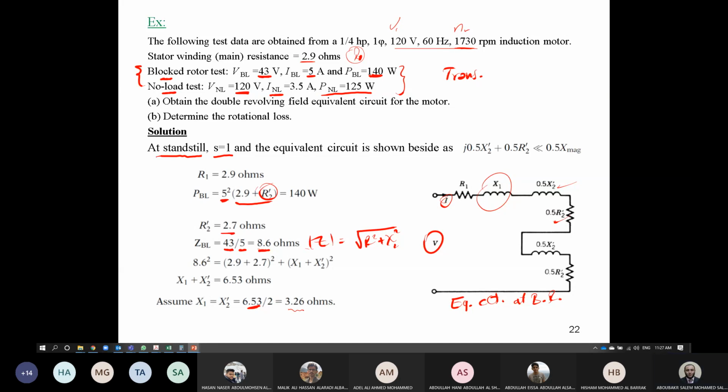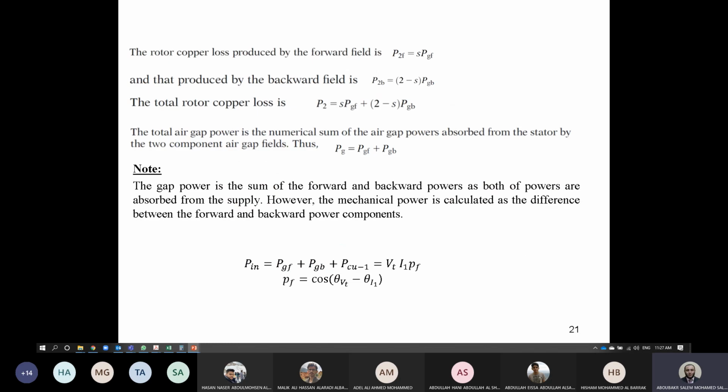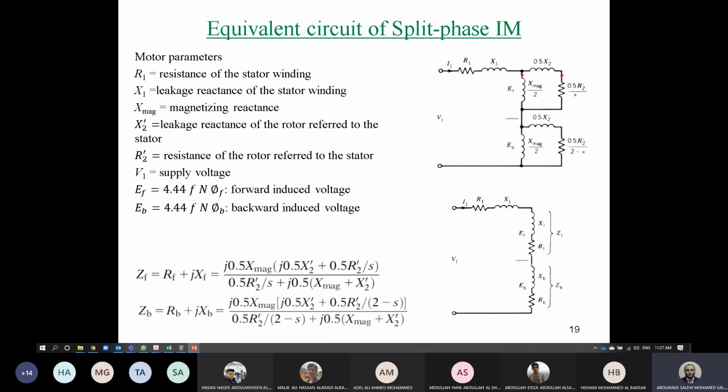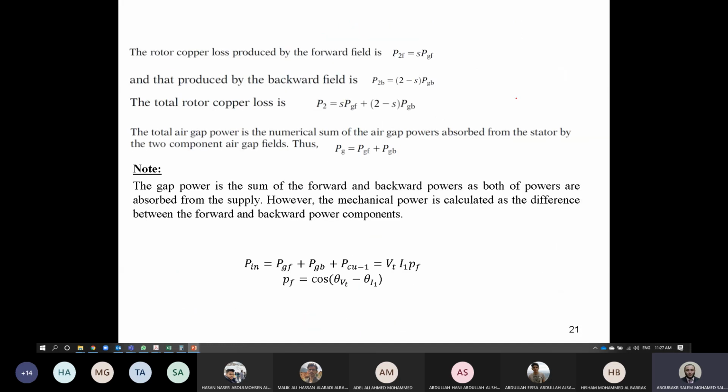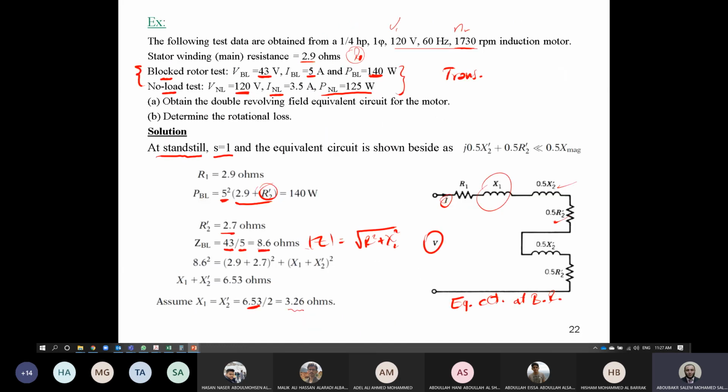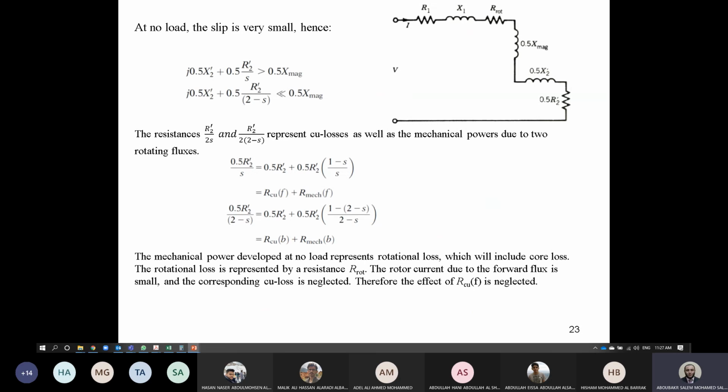Fine. We still have some unknown parameters for the motor. If we return to the equivalent circuit again, we're still missing XM, or X magnetizing. How can we obtain it? From the no load test.